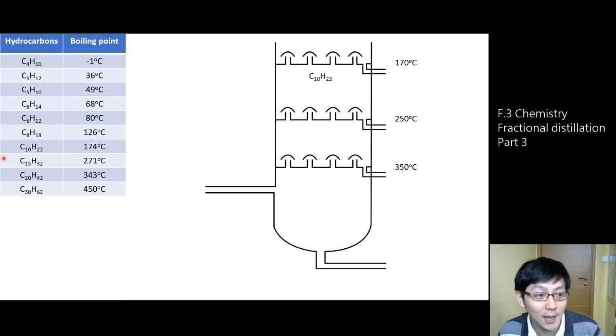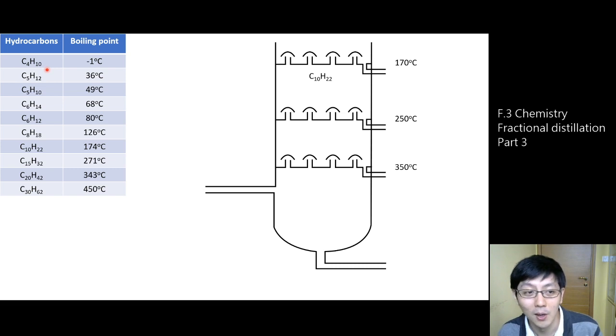So for this hydrocarbon C10H22, it can pass through the first two layers but is stopped in front of the third layer. 佢穿過頭嗰兩層，但係穿唔過第三層。It will stay in this region.